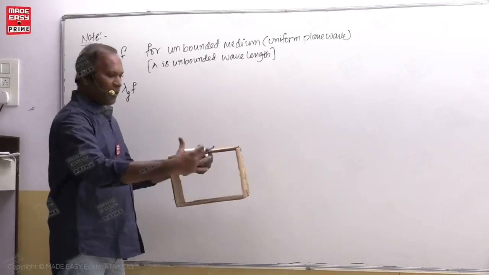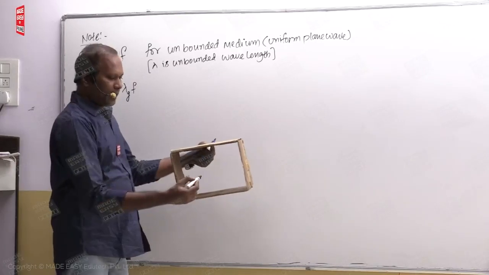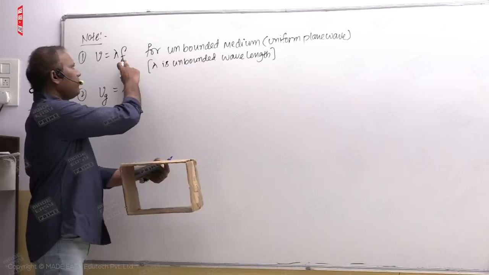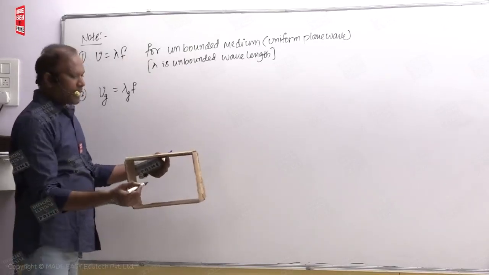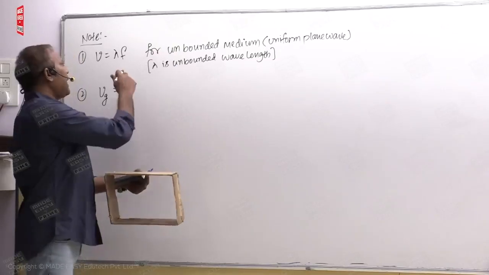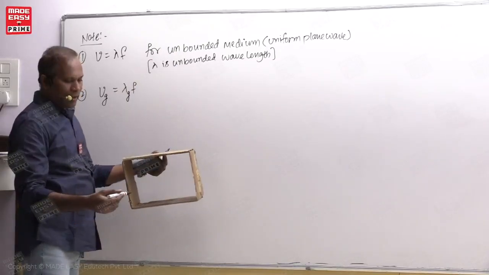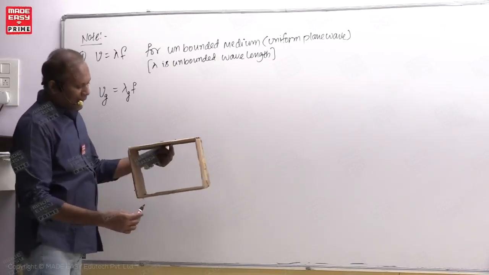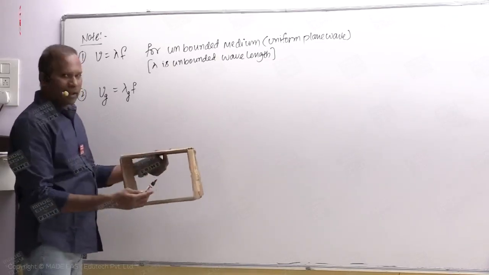This is uniform plane wave. There is no waveguide here. This EM wave frequency is F. Velocity is 1 by root mu epsilon. Then lambda is wavelength of wave traveling here. This is outside waveguide. When EM wave enters into the waveguide, I will draw the diagram that also.